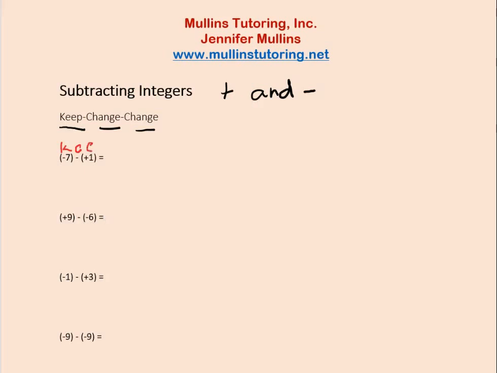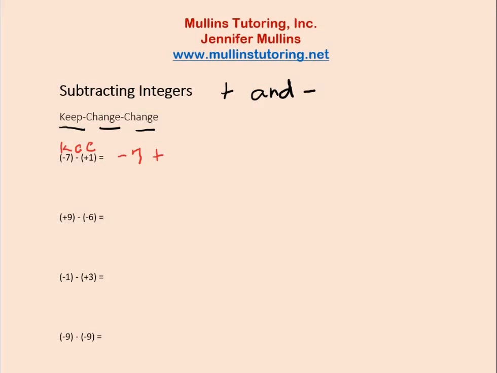C, C. So first thing, since I'm going to keep -7 the same, I'm going to have -7. I'm going to look at the second sign, which is a subtraction, and I'm going to change that to a plus sign.